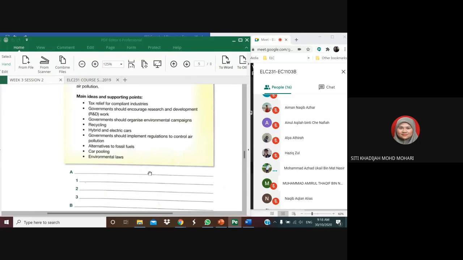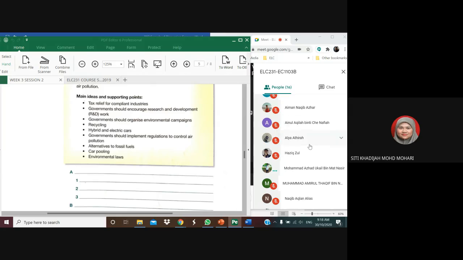As for the supporting details, the first one is recycling. Number two, carpooling. Okay, carpooling and recycling. I think those are correct.